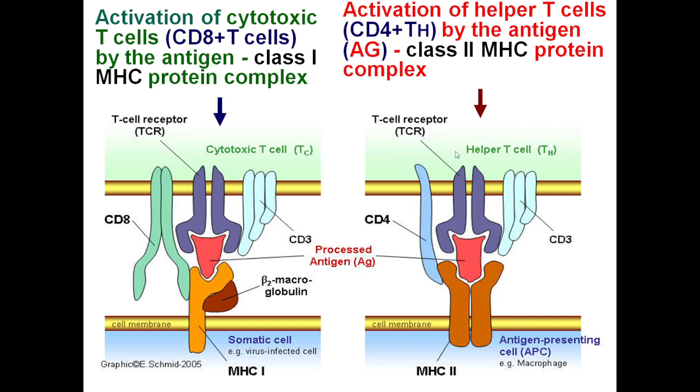The T helper cell via the CD4 receptor recognizes the MHC2 molecule itself, and the antigenic peptide is recognized by a specific T cell receptor, and the information is transferred to activate the CD3 receptor that initiates activation of the T helper cell.